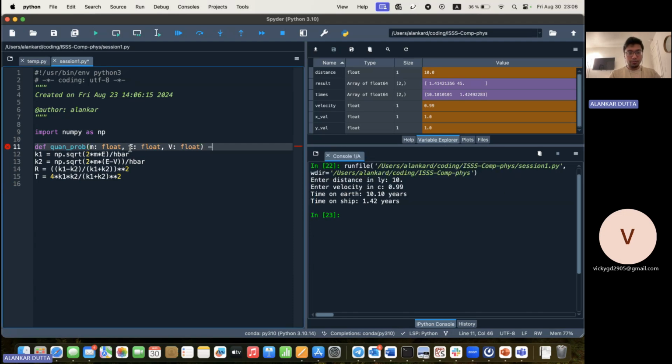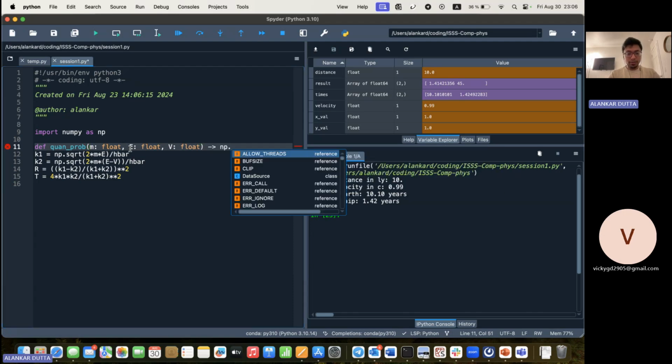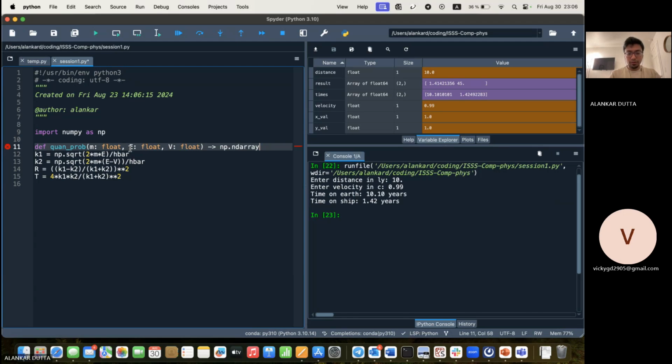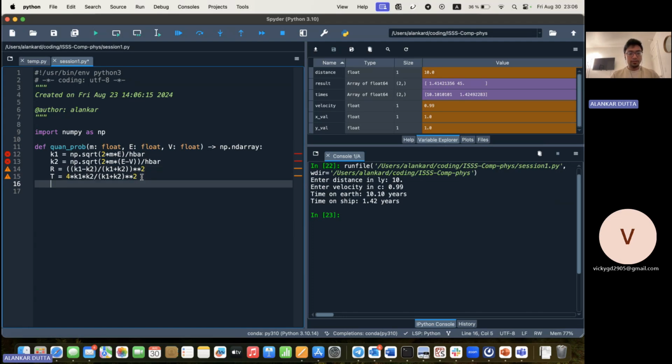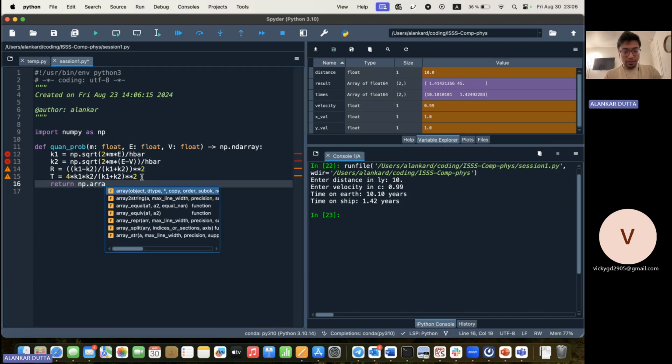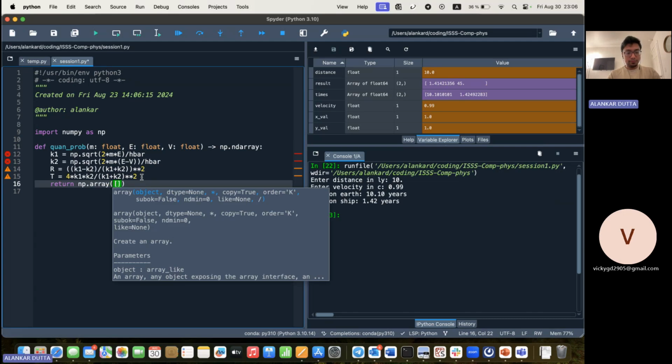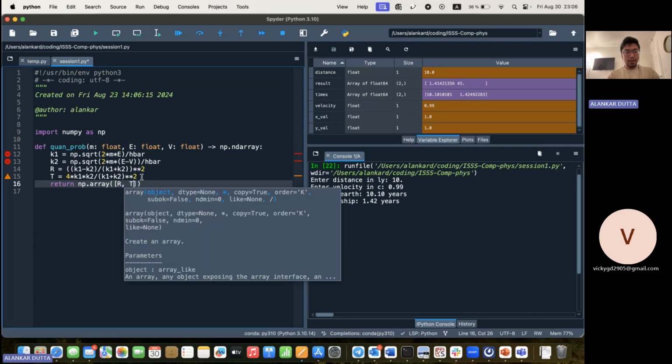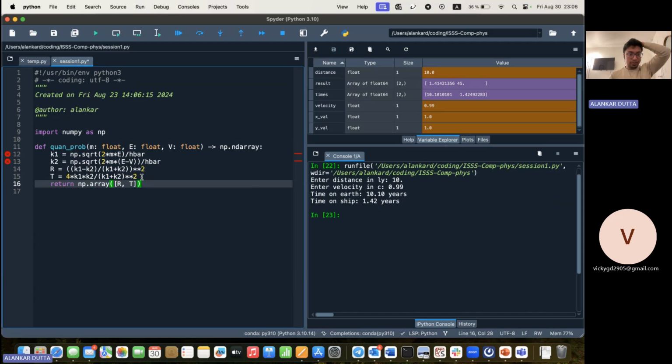And what we will get is an np.ndarray, because it is an array that we are going to get. It will return R and T. These are the two things that we are going to return.